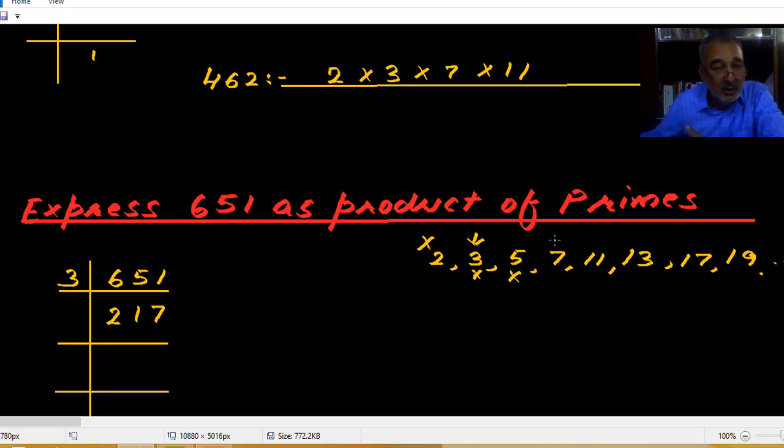Do you remember the divisibility criteria of 7? It was somehow lengthy, but let's remind. Take twice of this unit digit and subtract from the remaining part of the number. You will get 7, sorry.